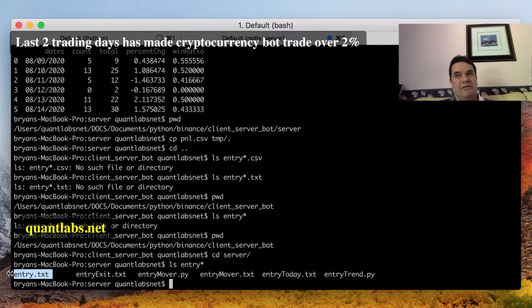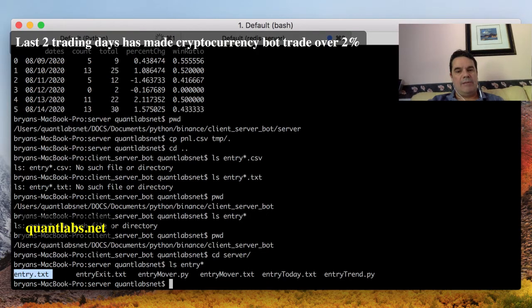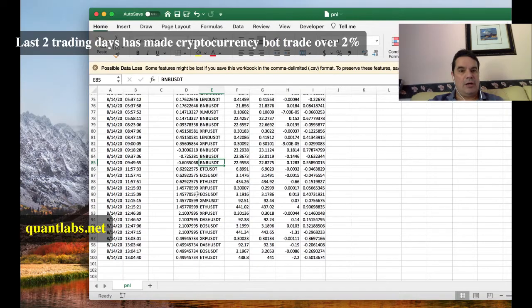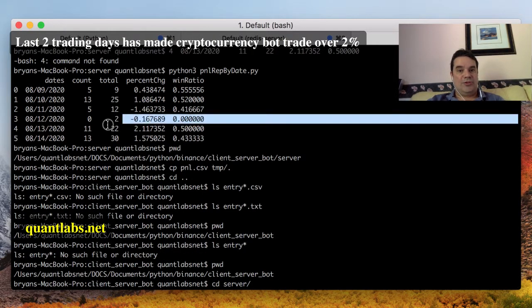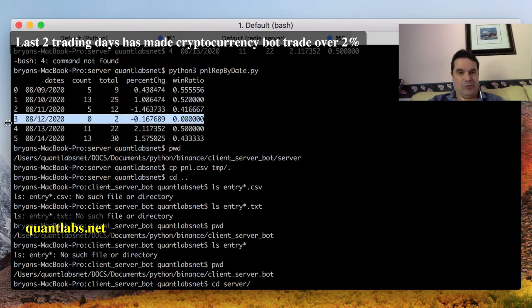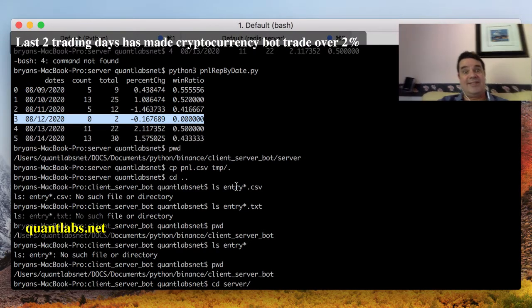But when the market's very flat and the weighted average is very low, it won't trade. But it will try to make trades, as you can see here on this day, where it only took on two positions. So two positions were taken on two days ago. They were both negative, very little, but that's where the problems started coming in, where I had to fix this.